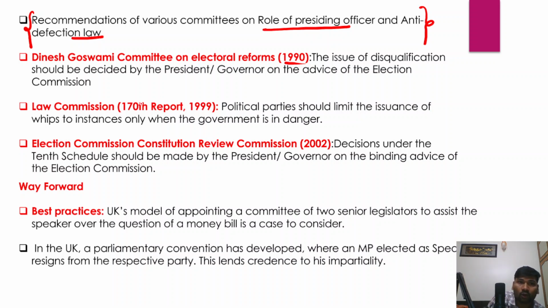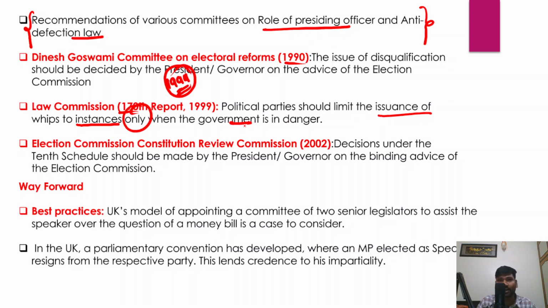And in fact, the Law Commission in its 170th report, published in the year 1999, also made similar recommendations. Political parties should limit the issuance of whips to instances only when the government is in danger. So political parties should not issue whips for any reason, for any bill.